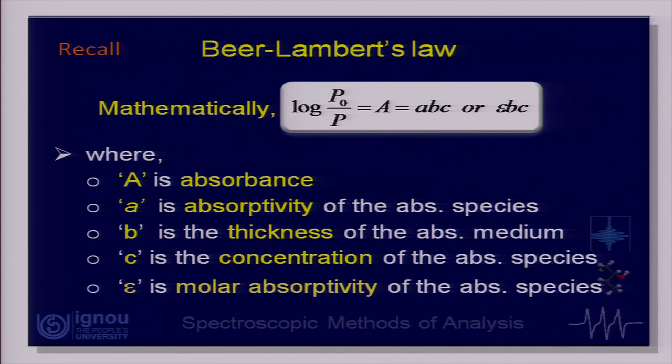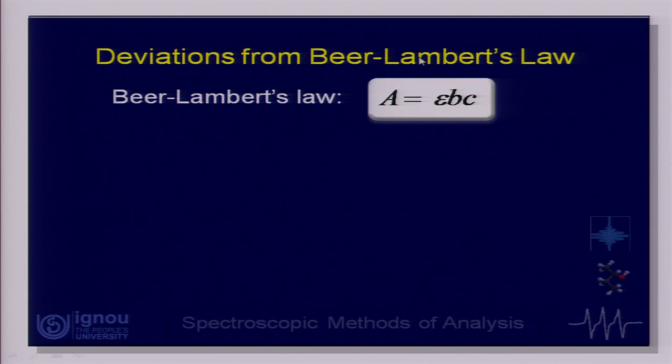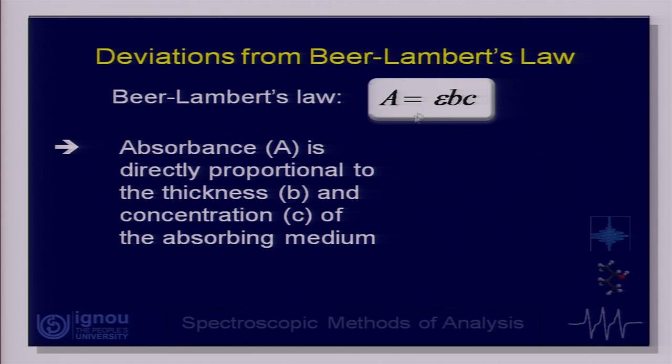Now, if this be the law, what do we expect? Since this expression is a linear expression, absorbance A is directly proportional to b, the thickness of the medium, and c, the concentration of the absorbing species. Epsilon, the molar absorptivity, is the proportionality constant. If I take b to be constant, then epsilon b becomes a constant.